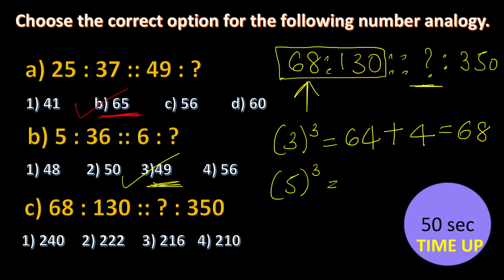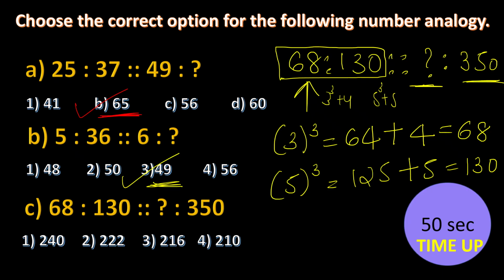So 5 cube is 125, plus how much you need to add? Plus 5. Then you will get 130. So here you have 3 cube plus 4, here you have 5 cube plus 5.